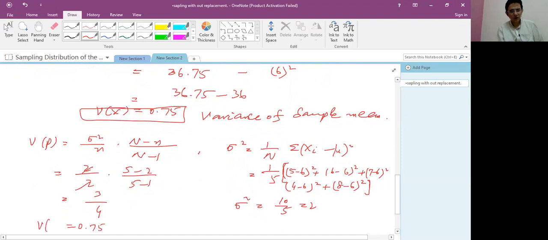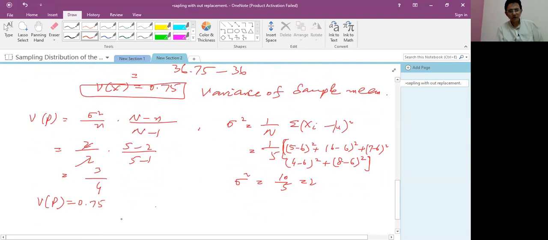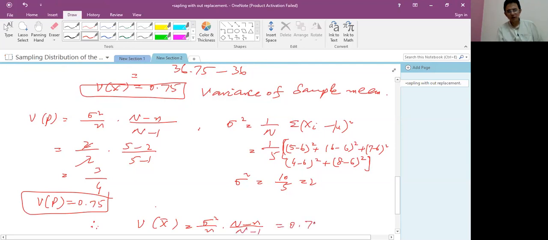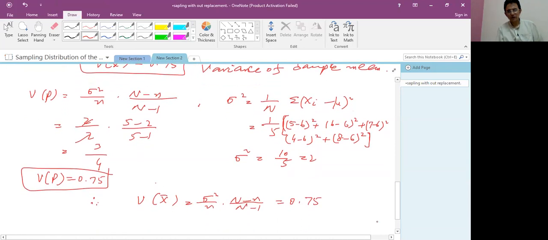So therefore, the variance of x bar is equal to sigma square upon n into N minus n upon N minus 1, which is equal to 0.75. Hence proved, because they are equivalent.